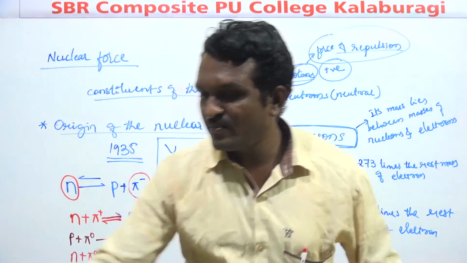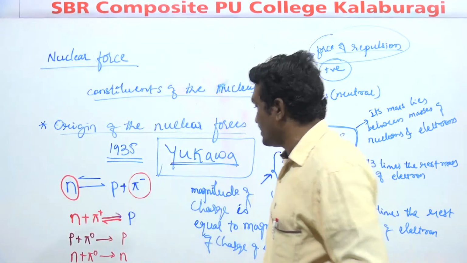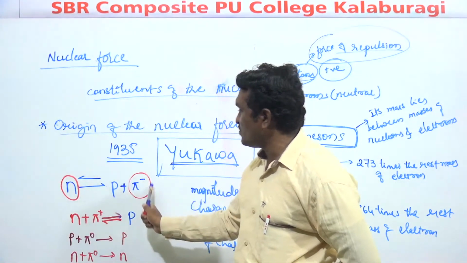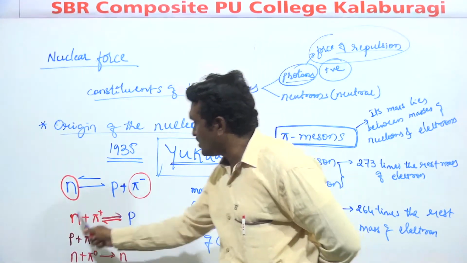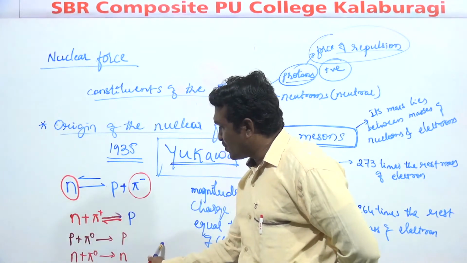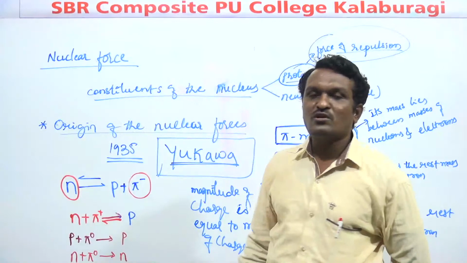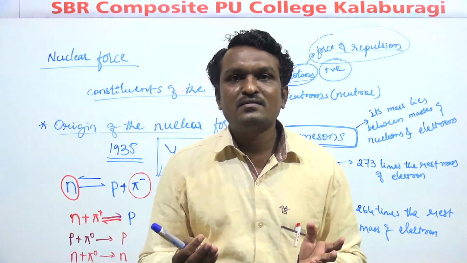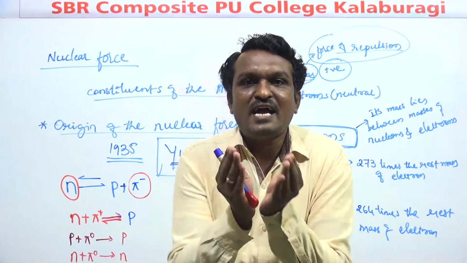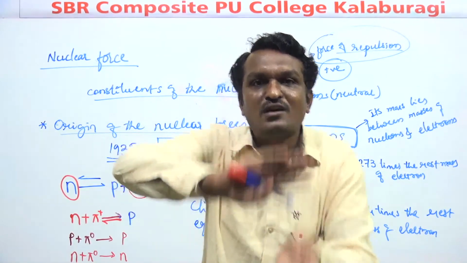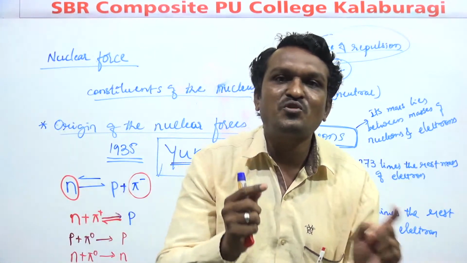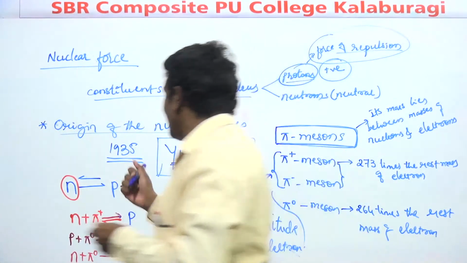So here I explained the conversion of neutron to proton, proton to neutron, proton to proton, and neutron to neutron. How long do they take to exchange? What is the time required to convert a proton into a neutron and a neutron into a proton?